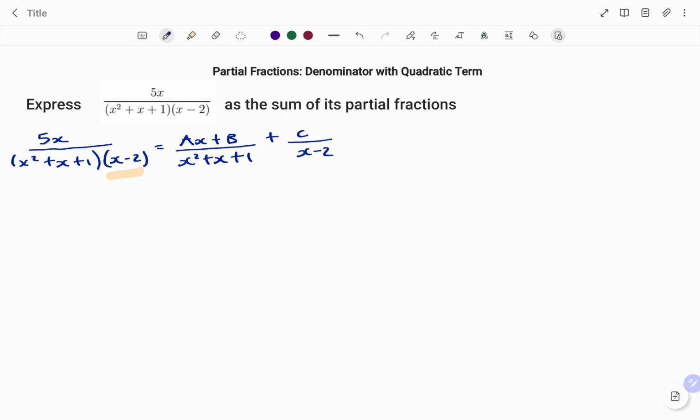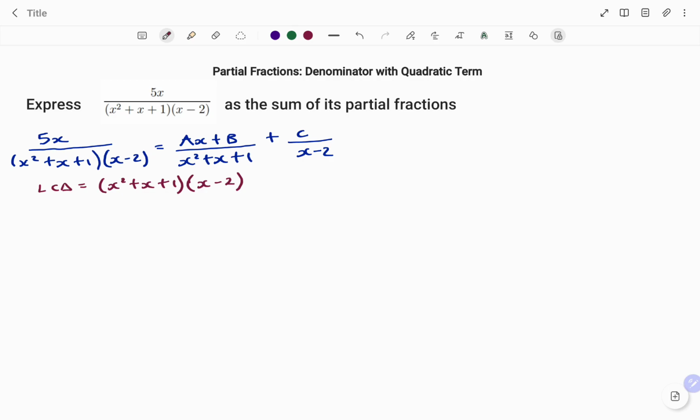So the first step, in order to make it a linear equation, is to multiply both sides by the LCD. The LCD in this case equals x squared plus x plus 1 multiplying x minus 2, that's the second factor.